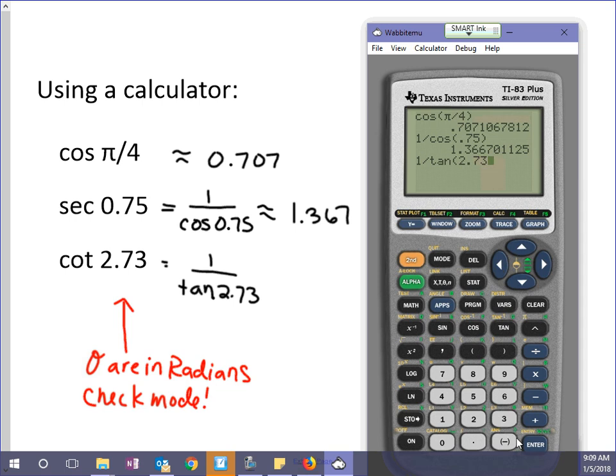Again, pay attention, and you might have some on your homework where instead of being in radians, they are in degrees. Then you need to actively go into your mode and change that mode. This one comes out to be negative 2.291. The other one is sine and cosecant, CSC. Okay. Any questions about using your calculator?